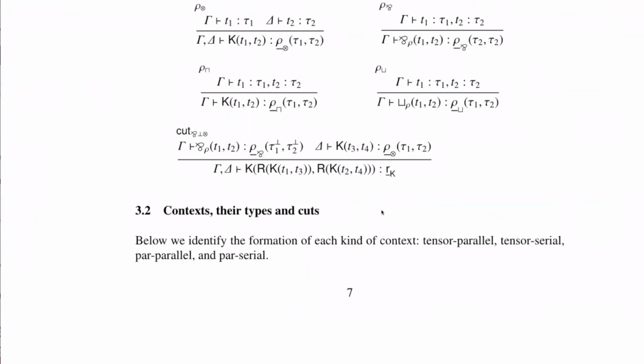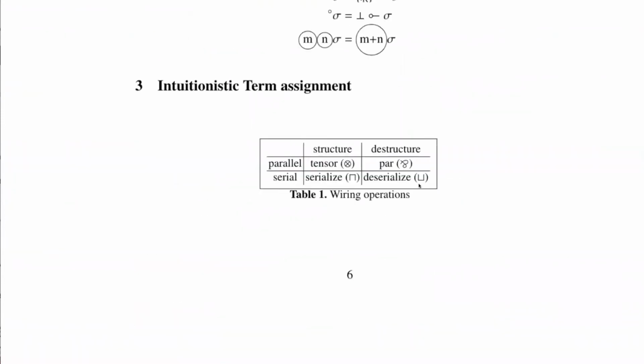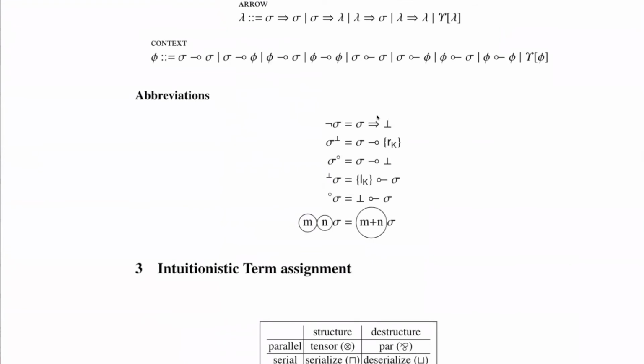With these notions, the reason these are abbreviations is it allows us to see that there are many negations. There's intuitionistic negation. There's a form of linear negation. There's this zeroing out style of negation. All of these things are programmable.